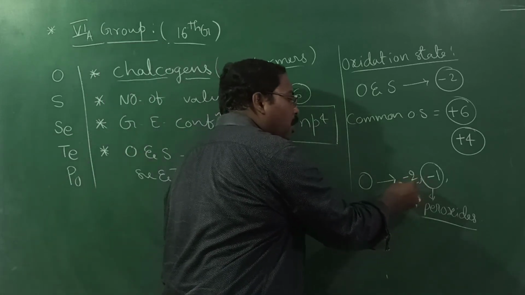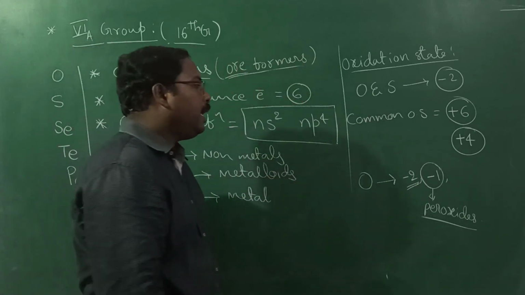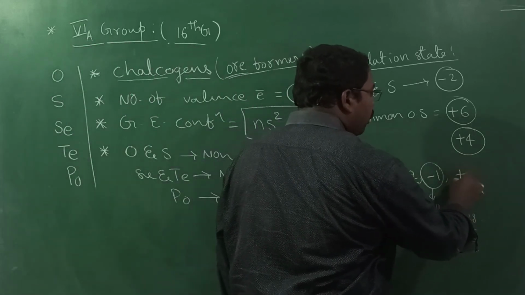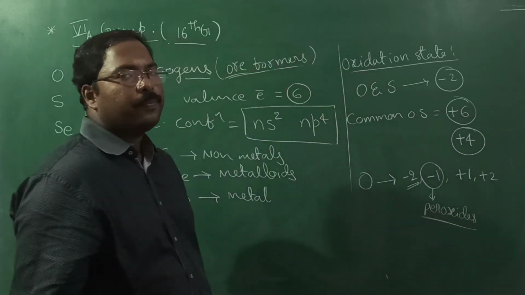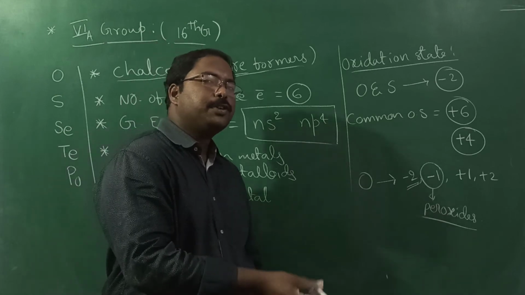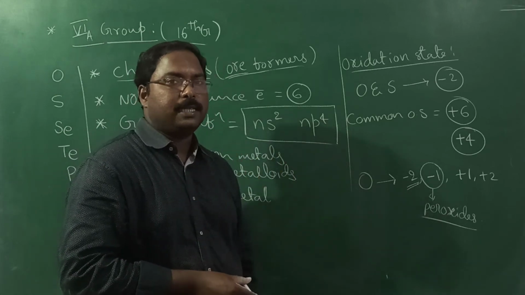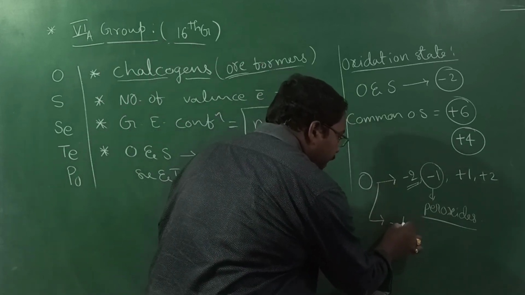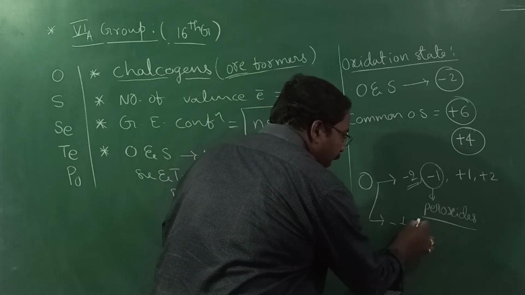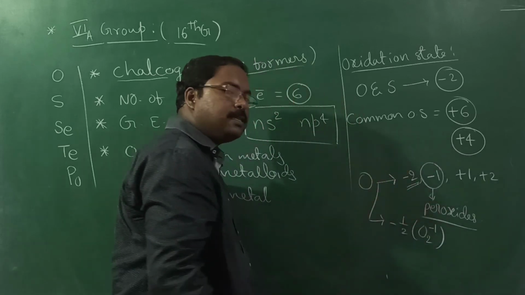So the most common oxidation state of oxygen is -2. Even when it reacts with fluorine, it exhibits +1 and +2 also. Even it shows -1/2 in the case of superoxides. Oxygen exhibits -1/2, which is nothing but O2 power -1.